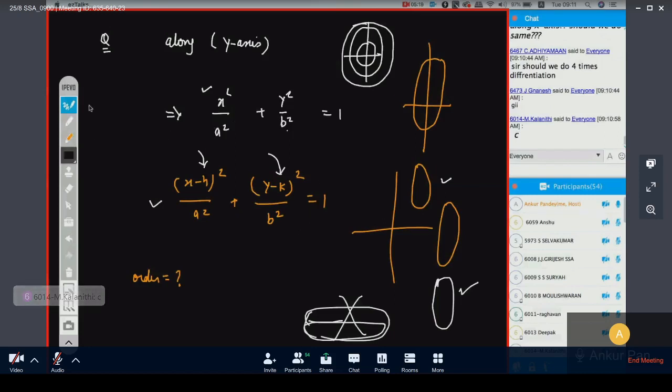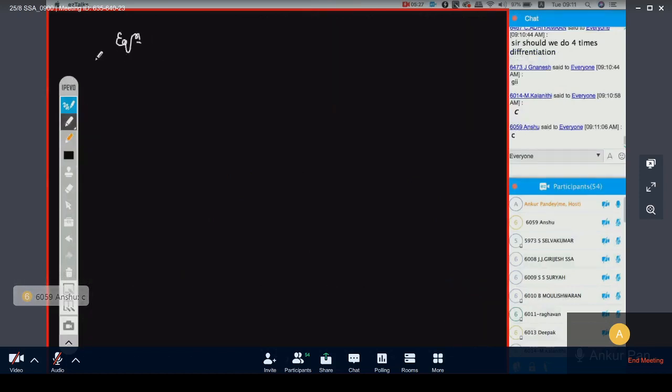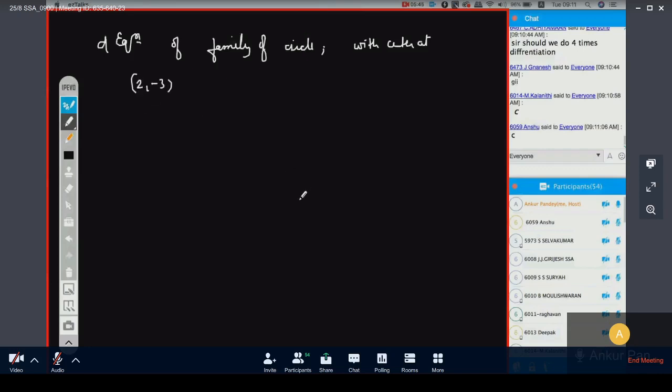Another similar question. What is the order of the differential equation of a family of circles with center at 2 comma minus 3? Quickly. Order, only order.